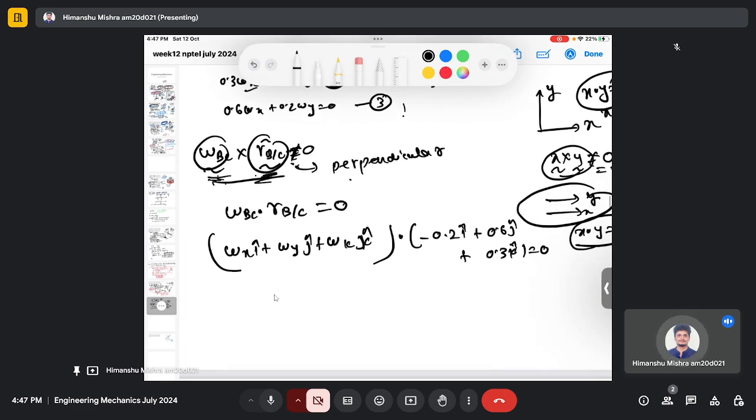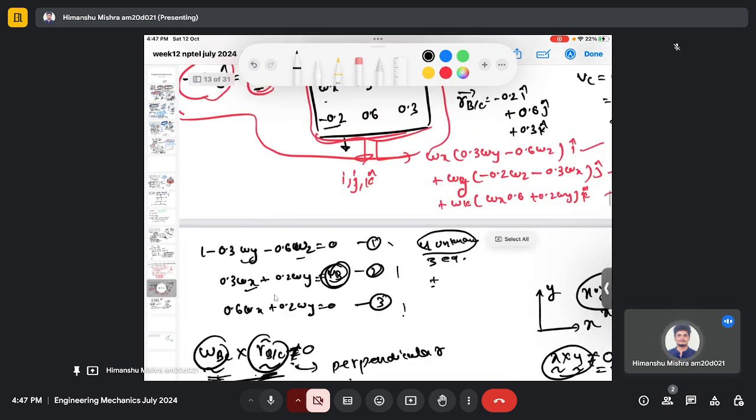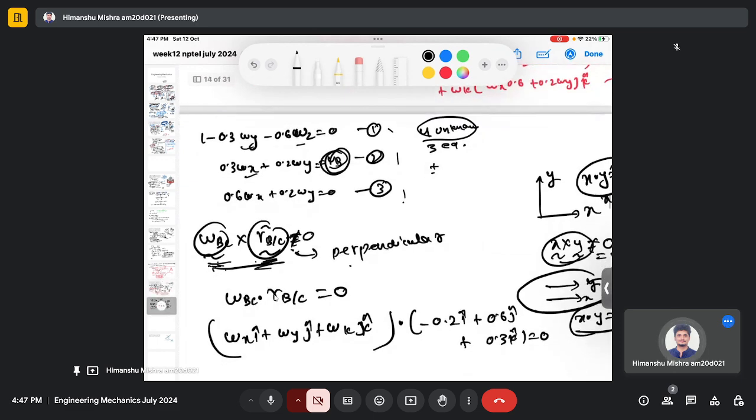So this is one of the tricks in case you need one more equation. I'm explaining one of the tricks here. Because we have only 3 equations and 4 unknowns, we need one more equation. So how do we get one more equation? One trick is to use the vector quantity.